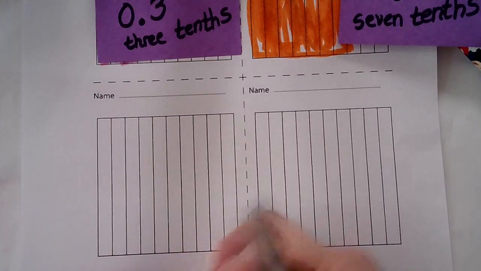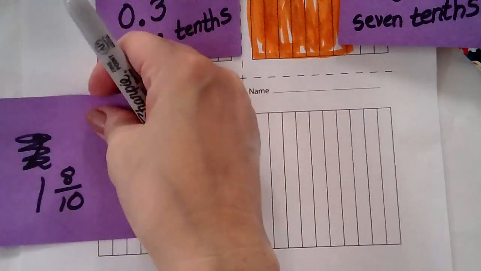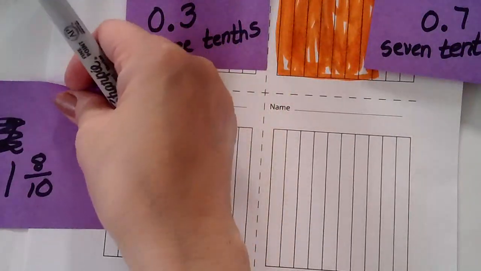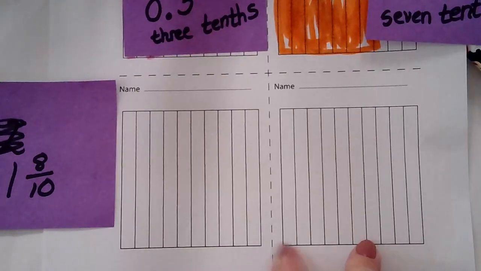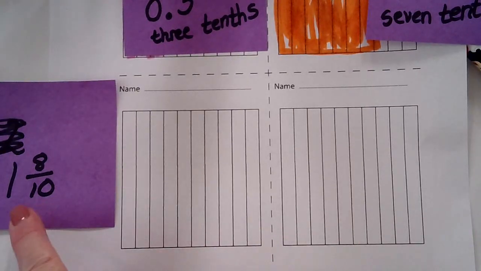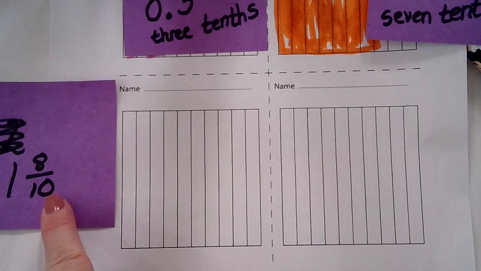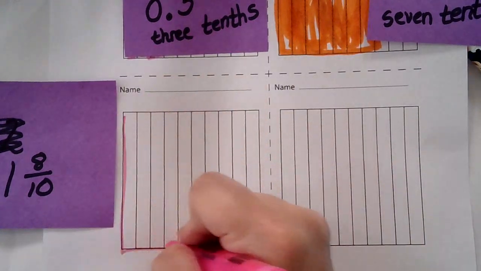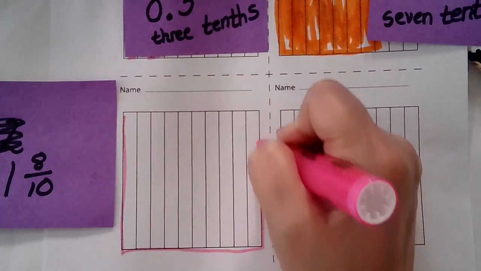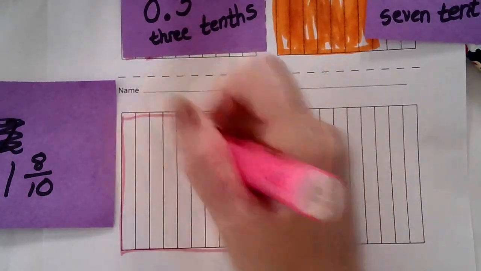Actually, the next one is going to be a mixed number. It is 1 and 8/10. So I need both of these because I need to represent the whole number 1 plus the fraction 8/10. So for the whole number 1, I need to go ahead and shade in this whole square because that represents one whole.